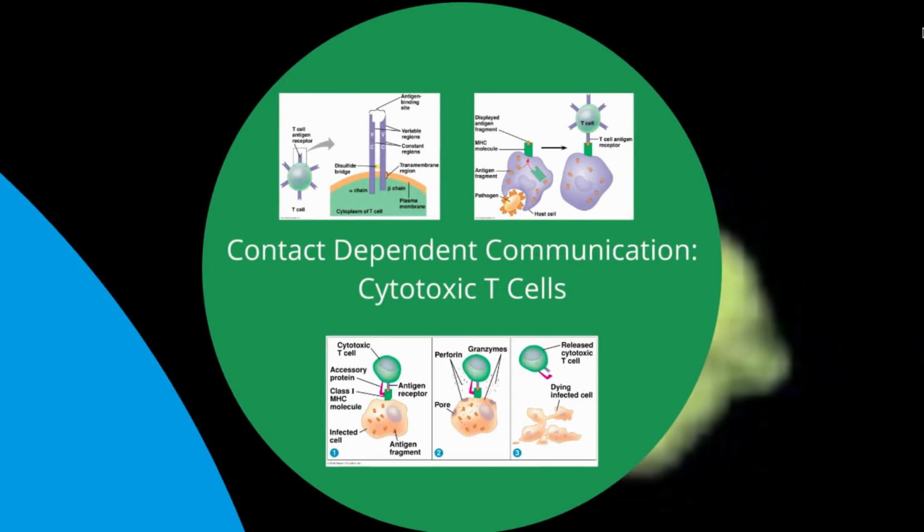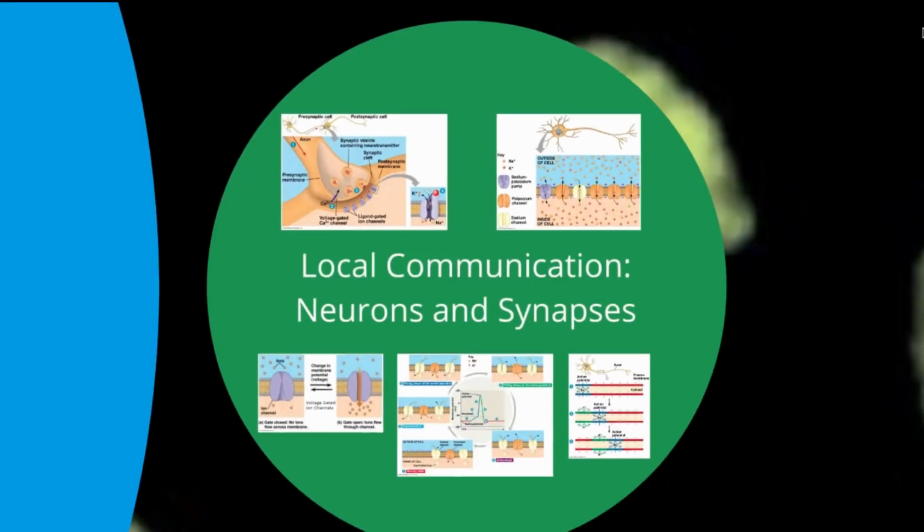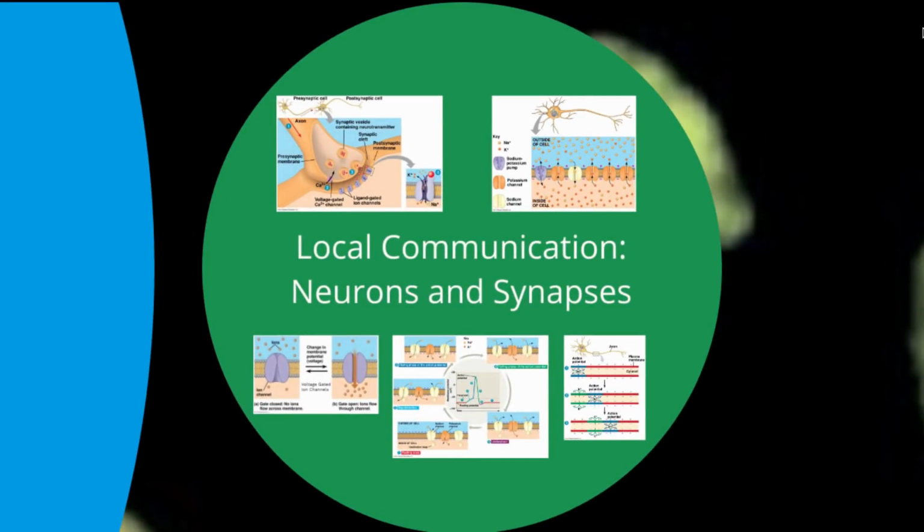Our example of cells being very close to each other happens in the immune system, and this is contact-dependent signaling that we see with our cytotoxic T cells, where an infected cell will display a little piece of the pathogen on the cell surface, and the cytotoxic T cell has receptors that will come along and physically bind to that and recognize that this is an antigen, and will then kill this infected cell and thereby help to stop the infection.